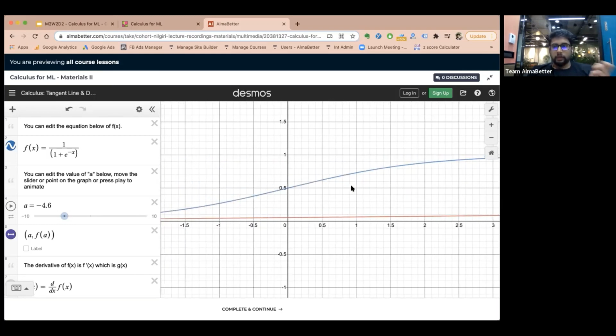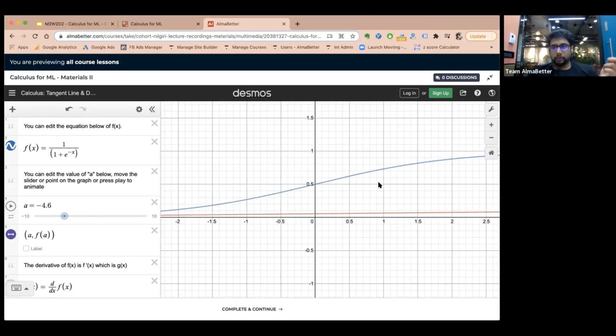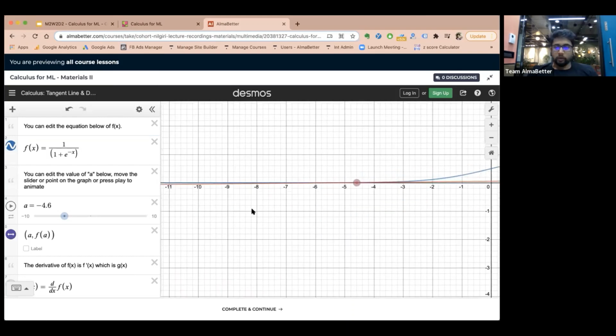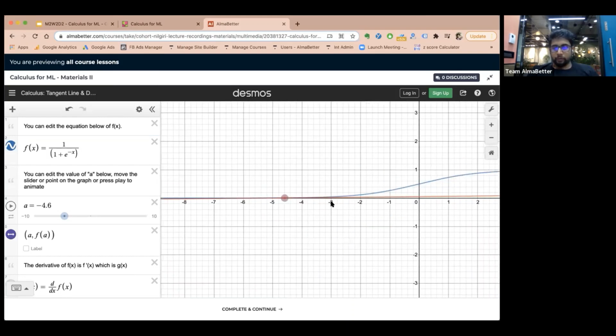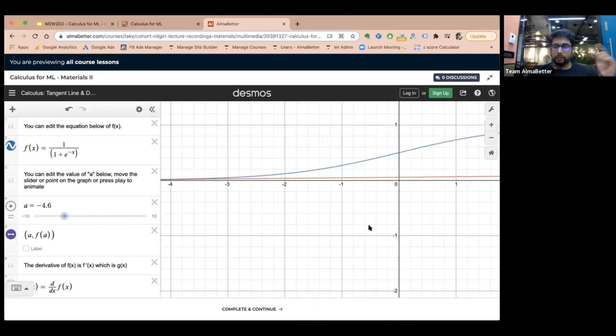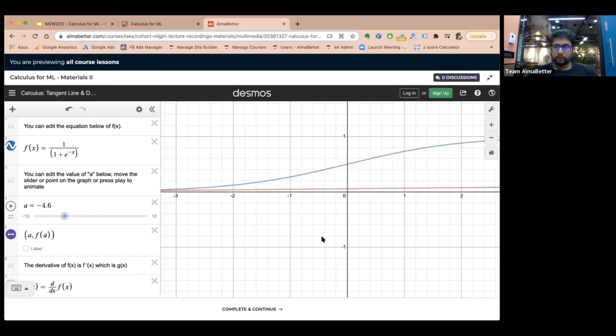But actually it will never take the value of 1, because for that you need x to be infinity. Okay, similar thing you can observe here on the negative side. So for very large negative values of x, the function takes a value of 0 and it saturates at 0, right? And it tends to 0 when x tends to negative infinity.